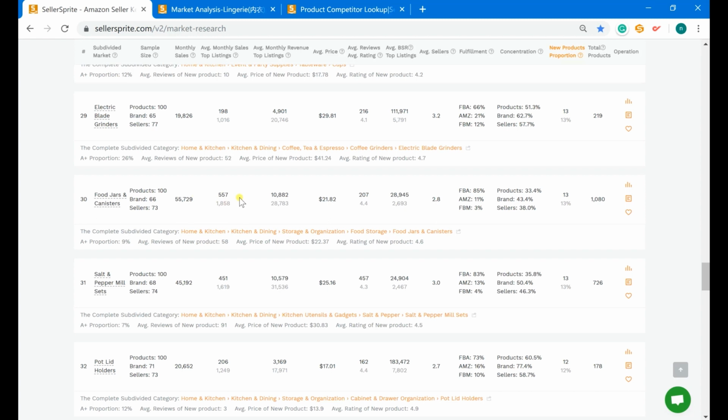Additionally, the concentration rate of products, brands, and sellers is low, at around 40%. All this indicates that the market monopoly is low.